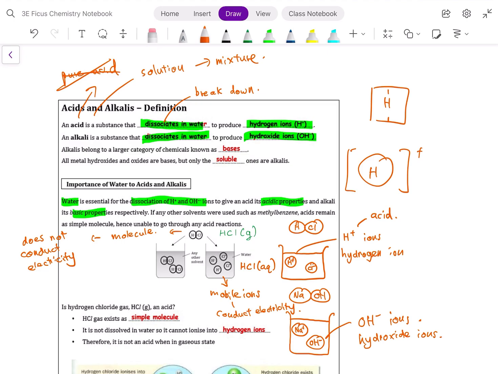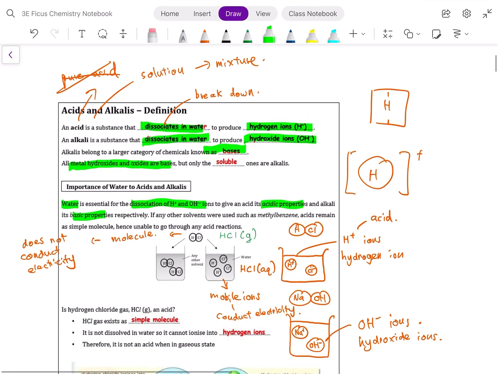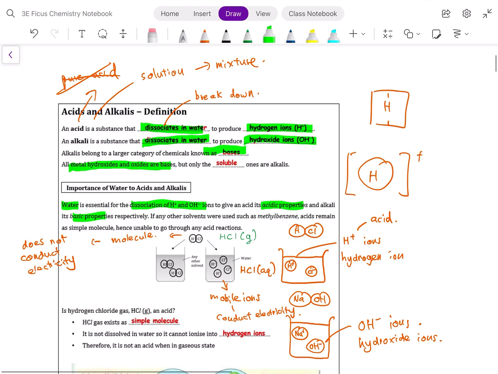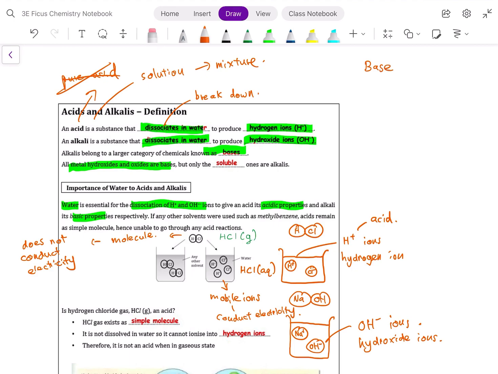Likewise for alkaline. Alkaline actually belongs to a larger category of chemicals known as the bases. So what are bases? Metal hydroxides and oxides are bases. Bases are actually a larger category than alkalines.